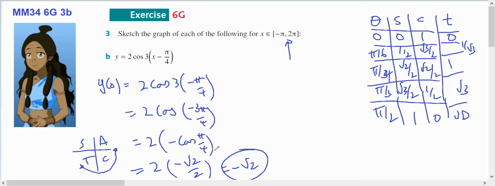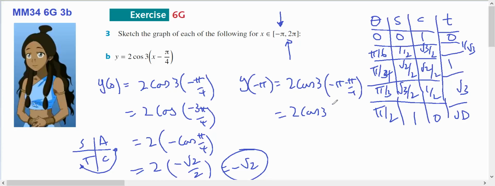If I'm finding the endpoints, then I want y of minus pi, which will be 2 cos of 3 times minus pi on 4. If I'm doing minus pi on 4, there is minus pi, there's minus pi on 4. It's the same as being in the second quadrant.